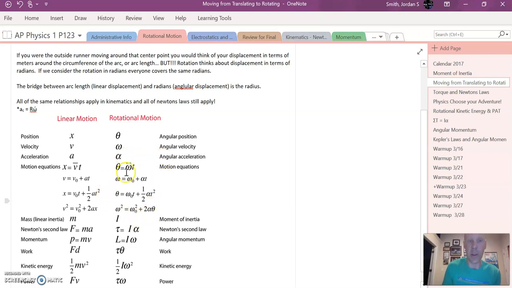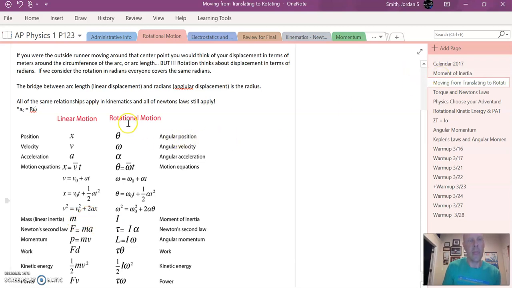And then all of your kinematic equations and your constant velocity equations still work. Only this time, instead of mass m, we have moment of inertia, which is a fancy term for rotating mass, and that is uppercase I. We'll explain why this needs to be a little bit different soon enough, as soon as I get over to moment of inertia.